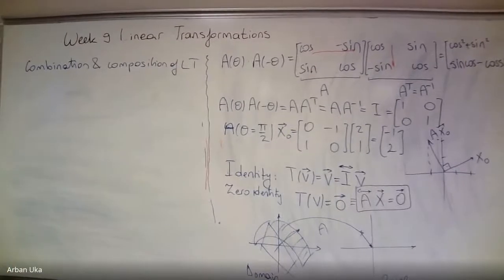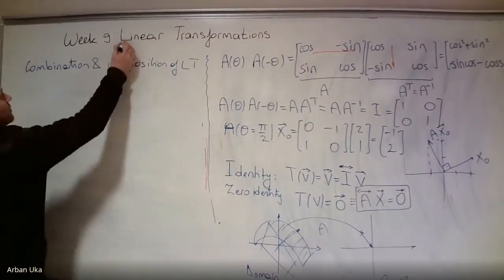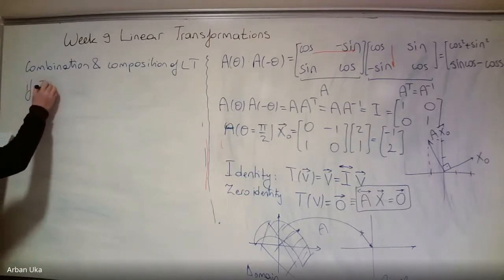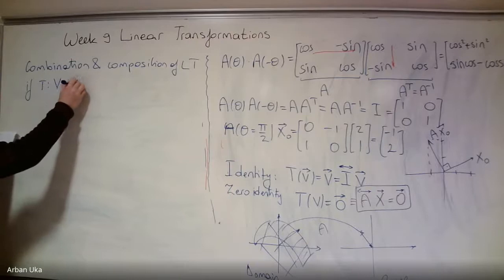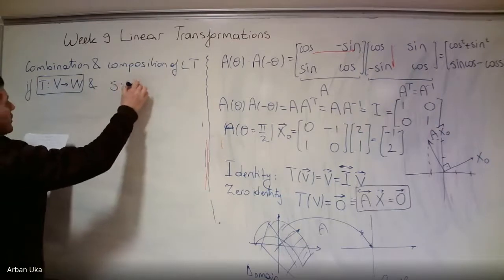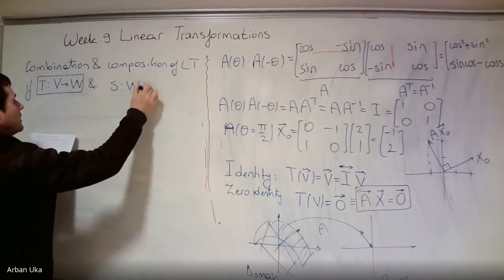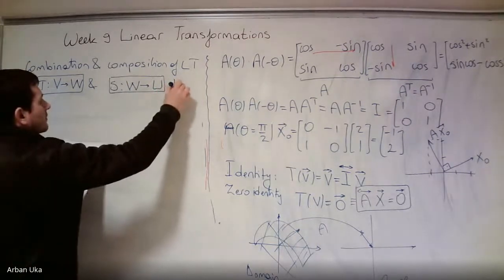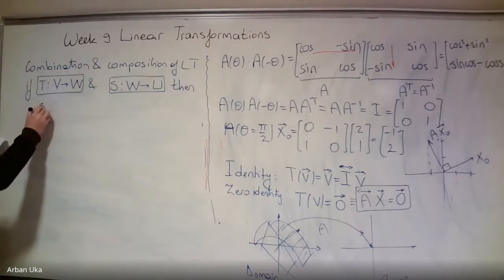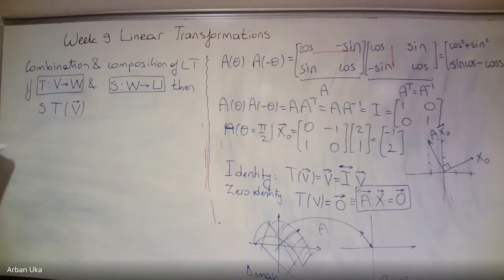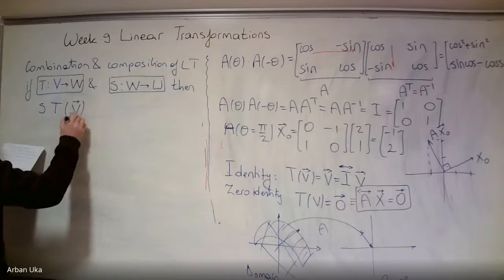Okay, so now with these linear transformations, we can also have a combination or different compositions of linear transformations, and we can assume that if T is a linear transformation from V space to W space, and another linear transformation S can transform from W to U, then ST on V is a linear transformation from V to U, okay?